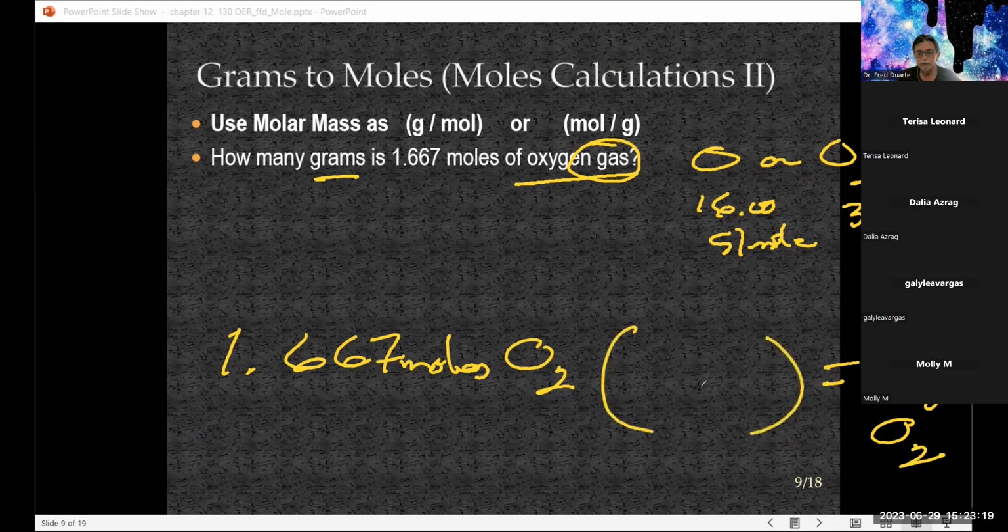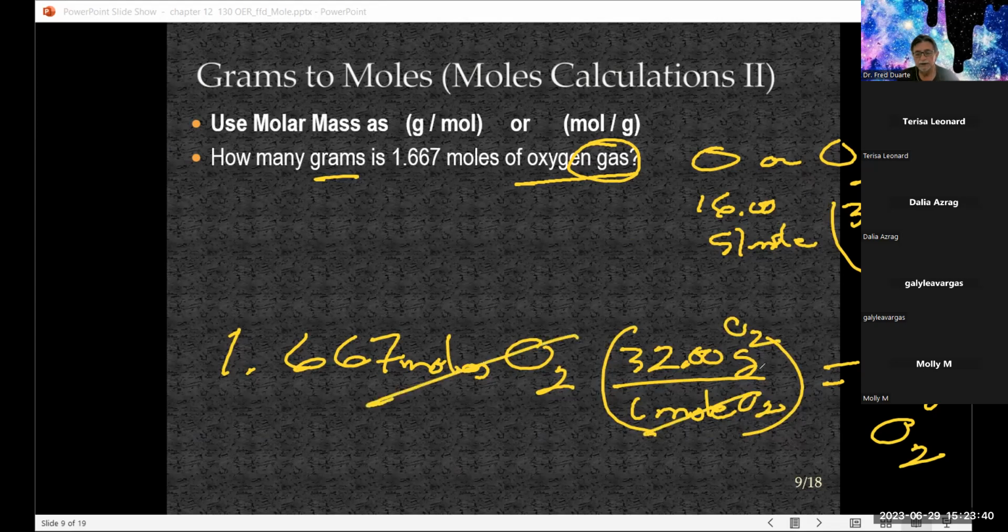So we're going to use the atomic weight, the molar mass of oxygen, which is this one right here, 32.00 grams of O2 per 1 mole of O2. You notice that the moles cancel, leaving me units of grams, okay?